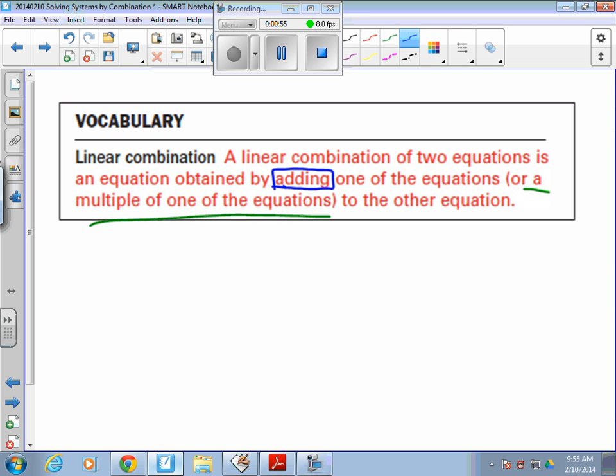Like you can combine -2 and -3, but you would never say that you're adding those numbers. You would say I'm subtracting those numbers. However, you can combine them, -2 and -3 would give you -5. When we're using linear combinations, think of addition and subtraction as the same thing. Think of them as combining positive and negative numbers.